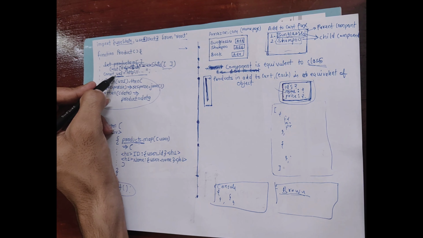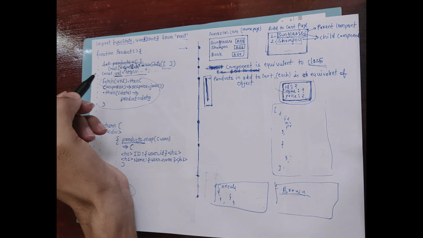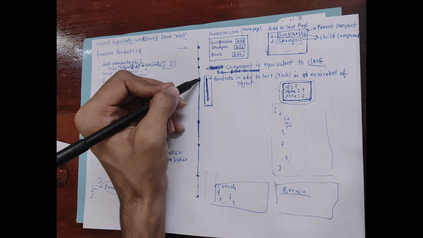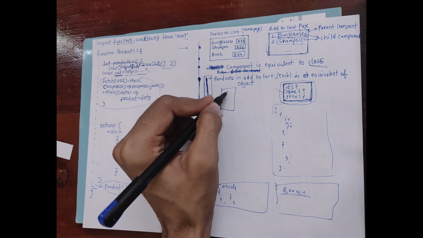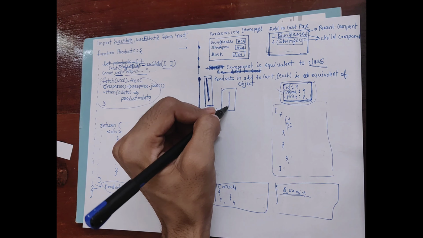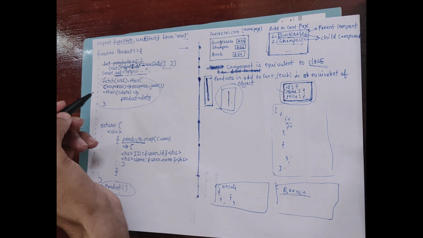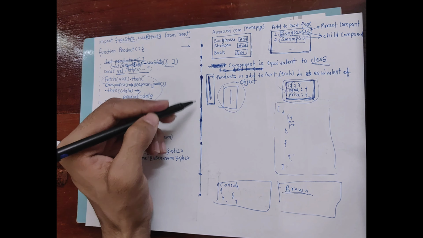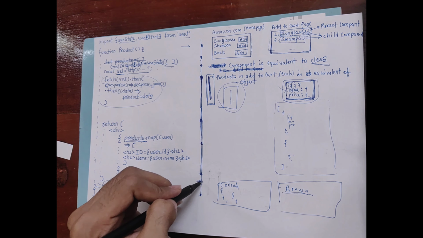Now you came to this point, and now you came to this fetch, right? So it will go into the event loop. Simultaneously it will try to fetch the data, and you came to the end of it, but it is still empty.